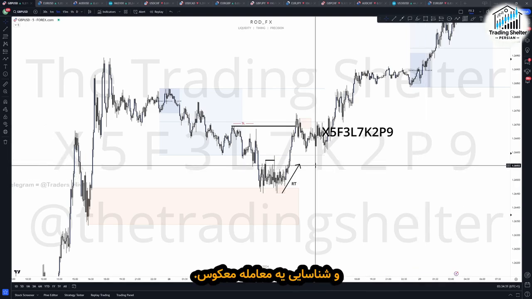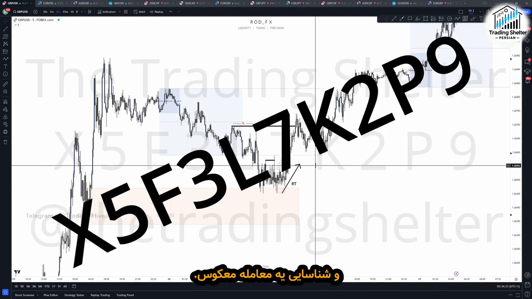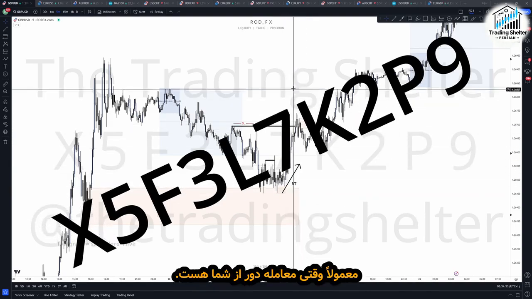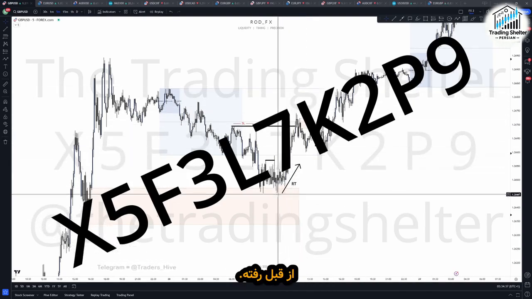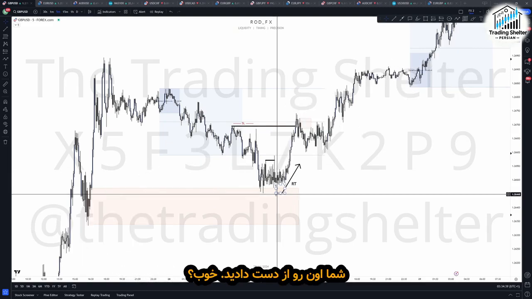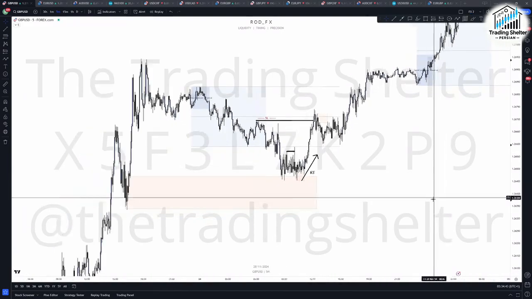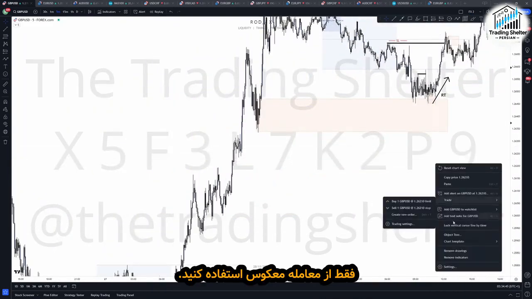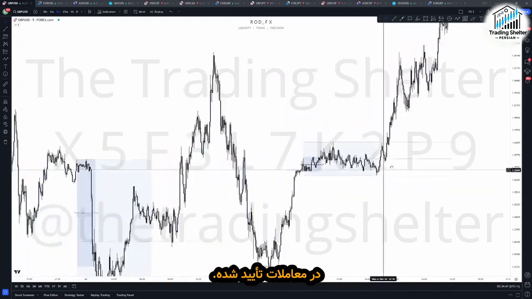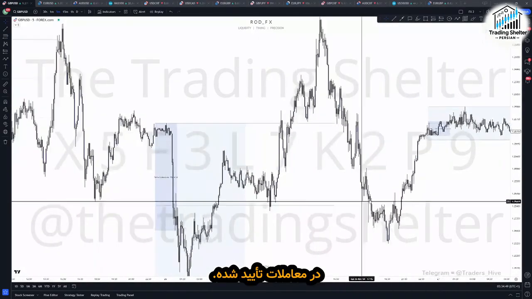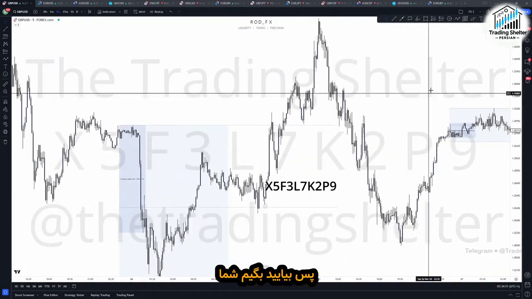And to identify a reverse trade is usually when the trade is away already against you, like it's already gone. You've missed it, okay? This is very important. Only use the reverse trading on confirmed trades. So let's say you see this, right?